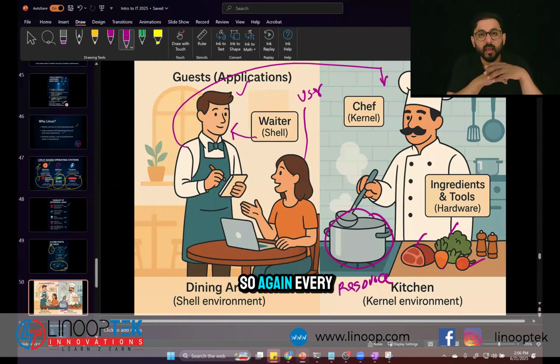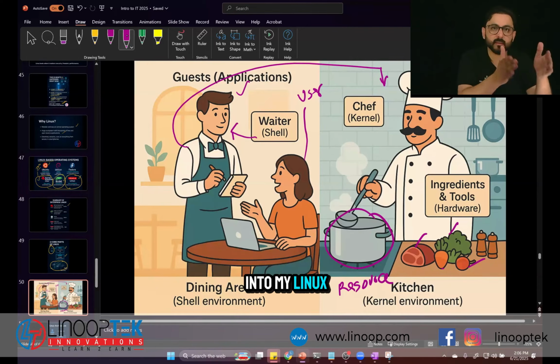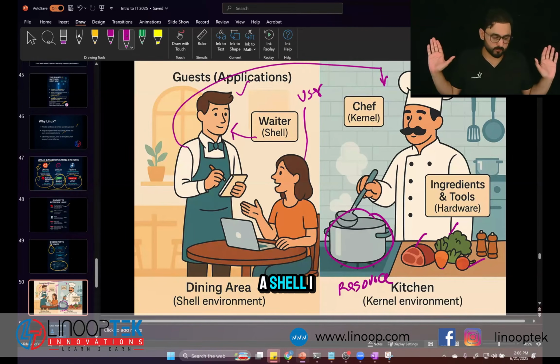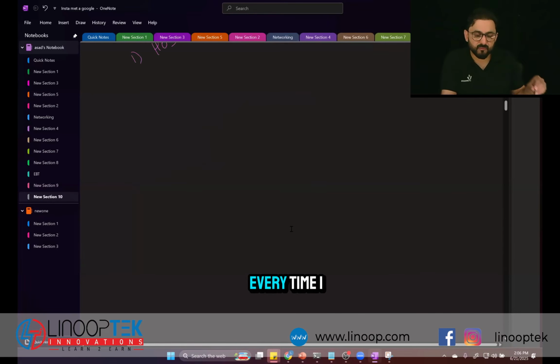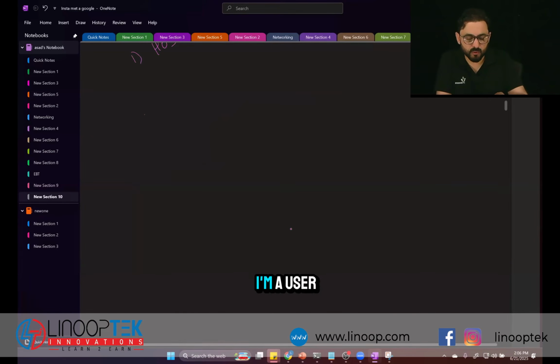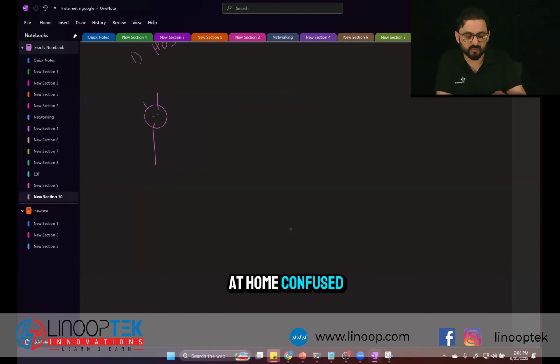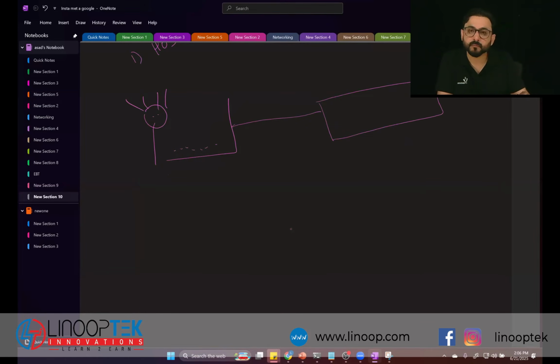So again, every time I log into my Linux server, I land on a shell. Every time I log in, I'm a user sitting at home, confused as hell, and I have my laptop over here, and all I see is these commands. This laptop is connecting me to a server in a remote location. And now this server somehow is giving me a black screen on my monitor. This is where we are at.